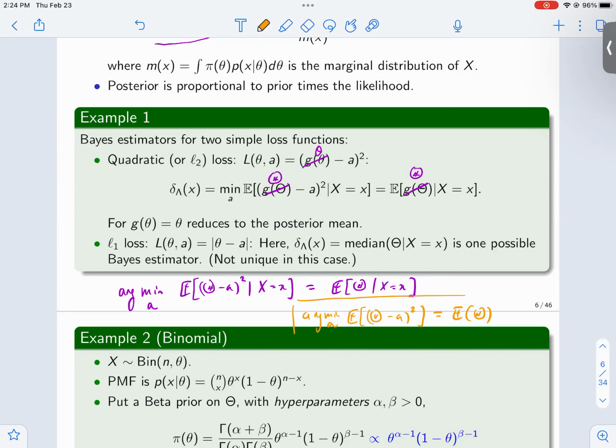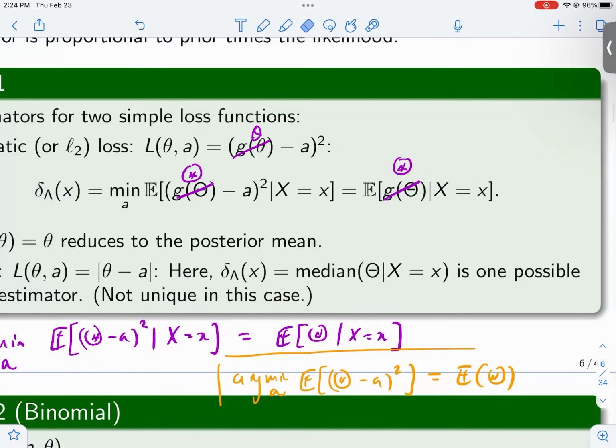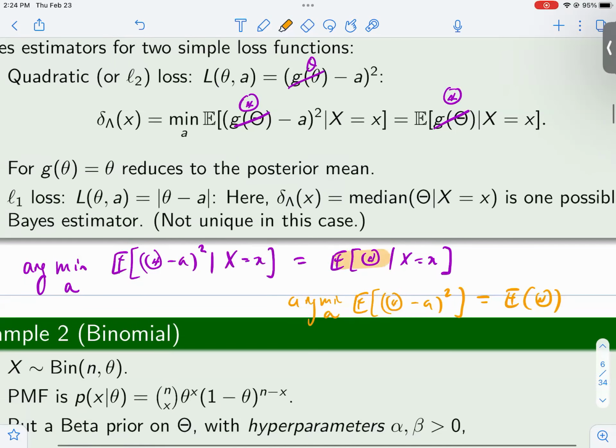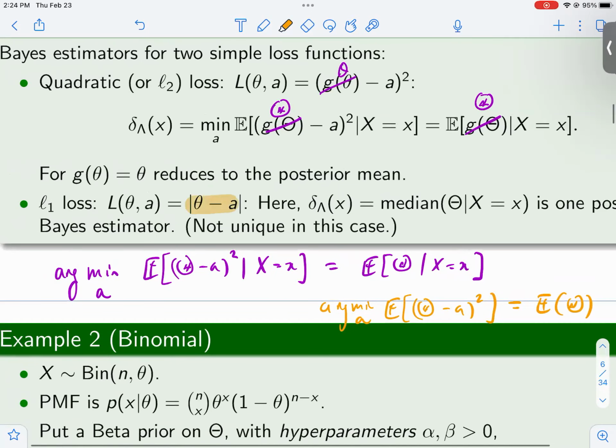So the minimizer of the quadratic risk, or risk for the quadratic loss, would be the mean of the distribution. So if you do it for the posterior, it would be the posterior mean. If you change it, for example, to the L1 norm, then the minimizer would be a median. The solution wouldn't be unique, but it would be the median of the distribution, and so it would be the posterior median.